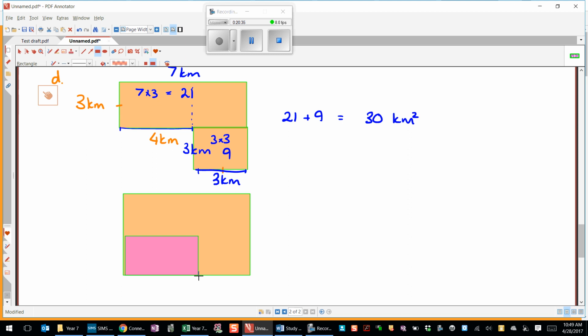Same area. So this is what I call, just to explain it before I let you get on, breaking it up, but I could easily do subtracting areas as well.